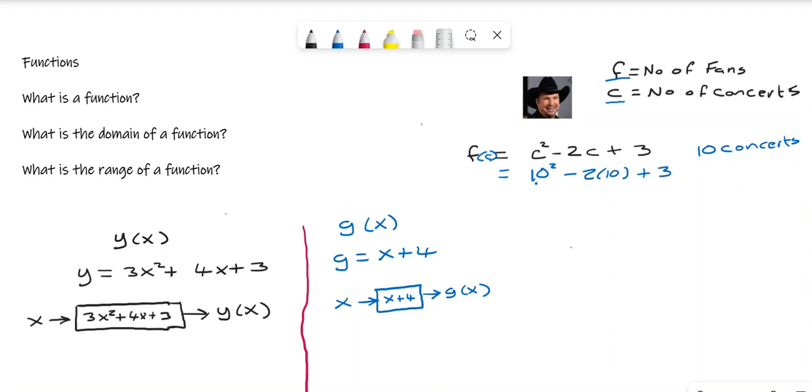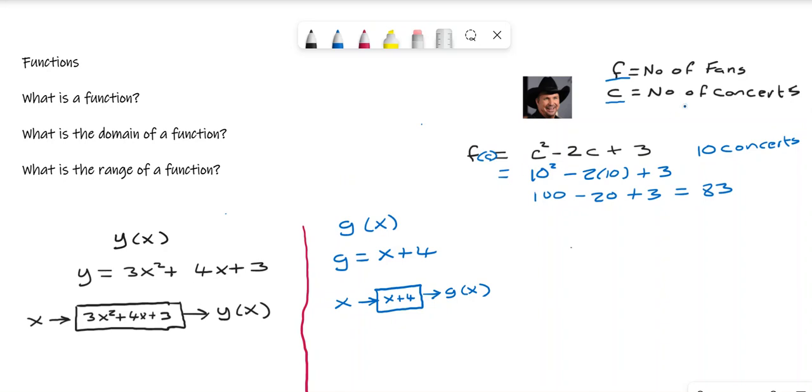And then we can use our rules of algebra and work this out. So 10 squared is going to be 100, minus 20, plus 3. If we add all this up, 100 minus 20 is going to be 80, plus 3 is going to be 83.